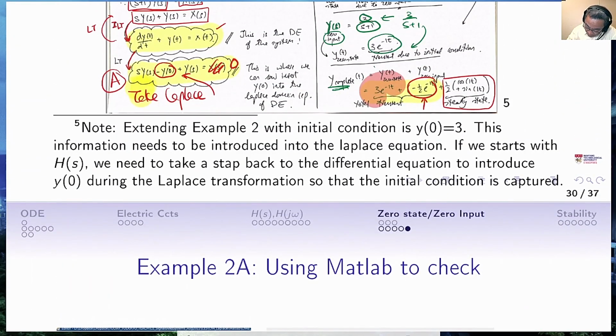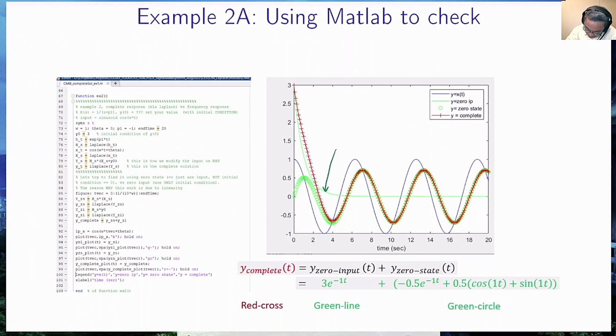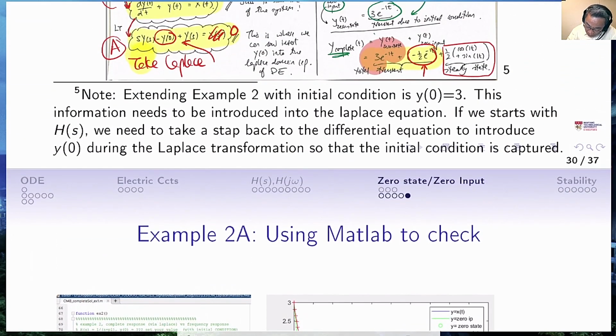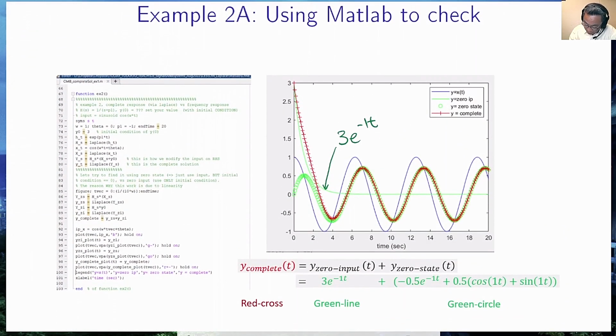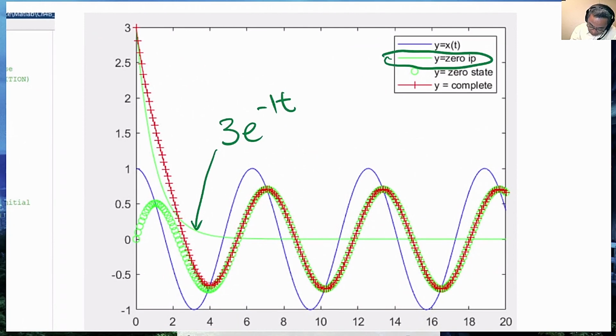It is 3 minus half 3e^(-1t) minus half e^(-1t). So this guy is 3e^(-1t). It is the transient due to the 0 input.